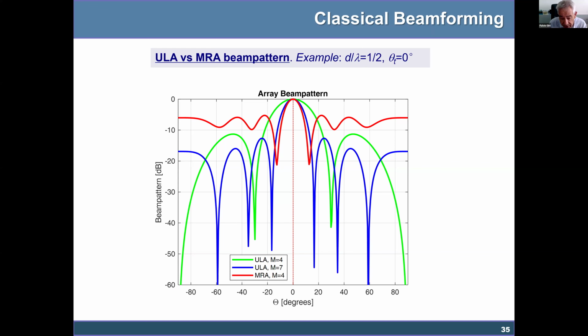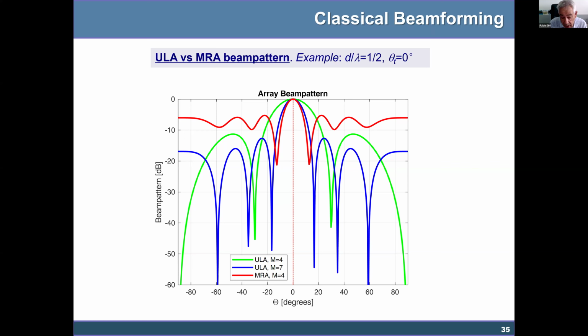If you use a sparse array, you can achieve the same resolution because you keep the aperture constant with fewer sensors. At the price of what? Side lobes. Then there are other architectures that have a better trade-off and allow you to control the side lobes better.